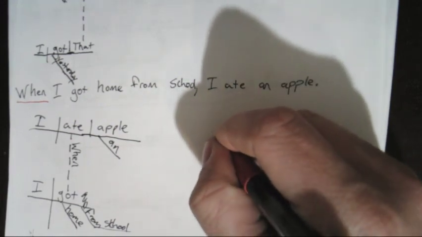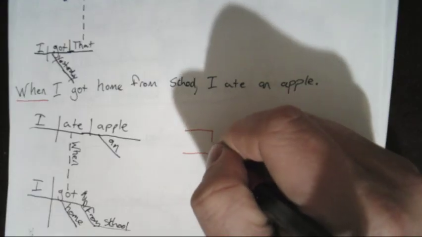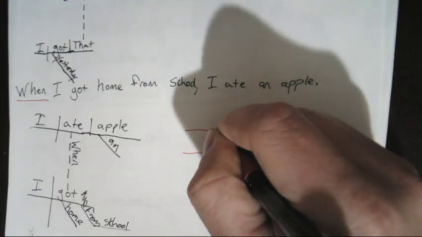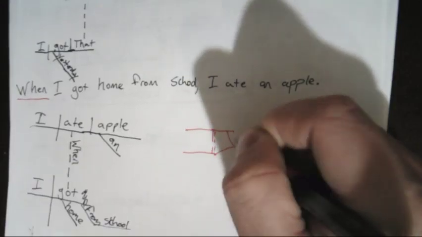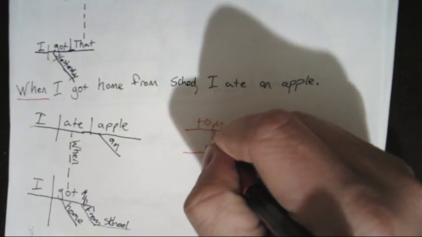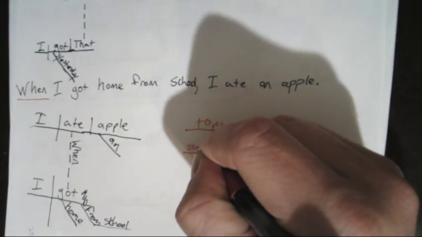Well, conjunctions, as we know from when we had sentences that had more than one subject, like if we had Tom and Jerry.